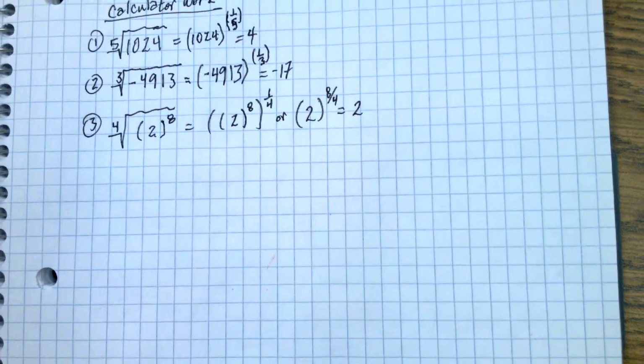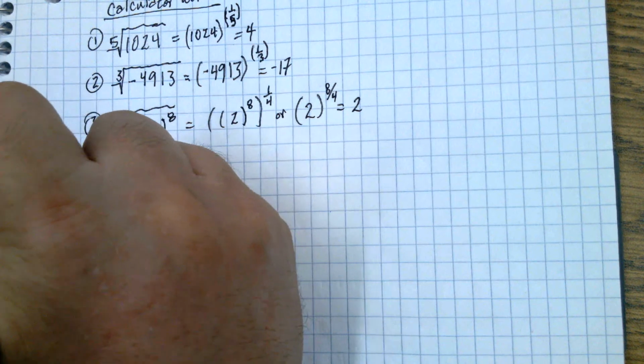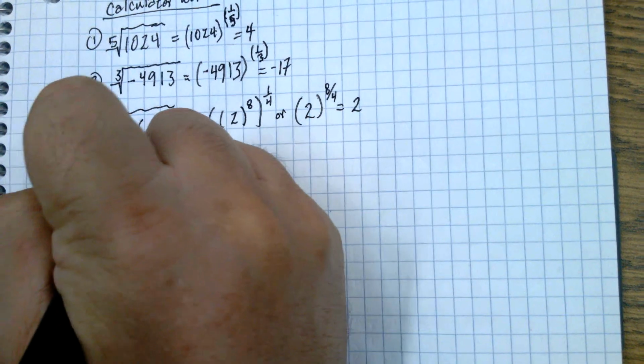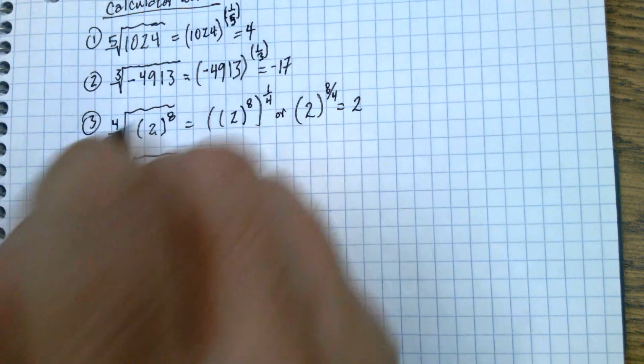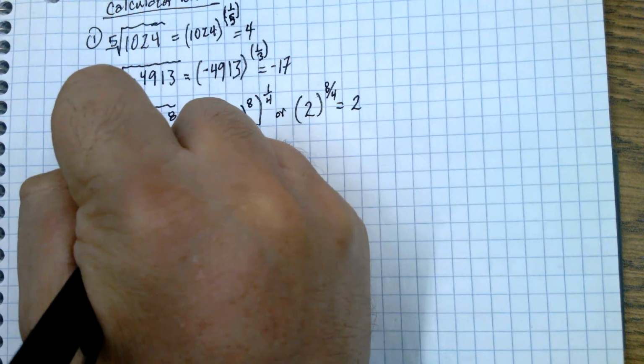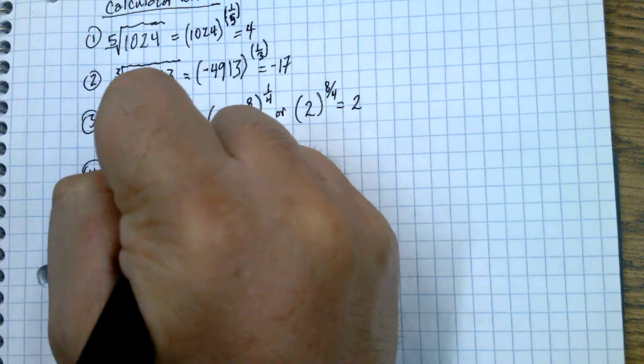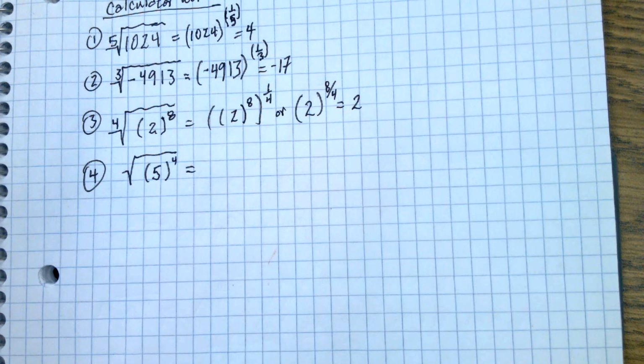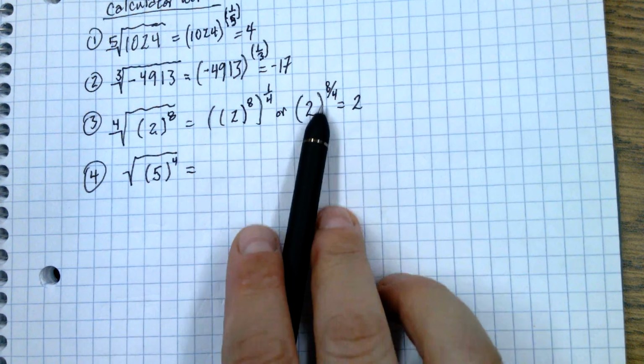So now let's try this one. Square root of parentheses 5/4. Let's write it in this format.